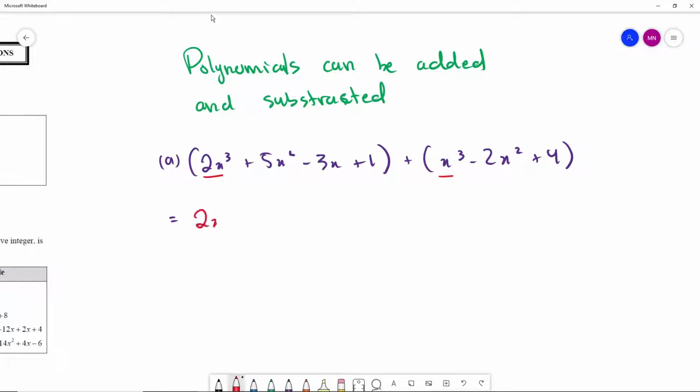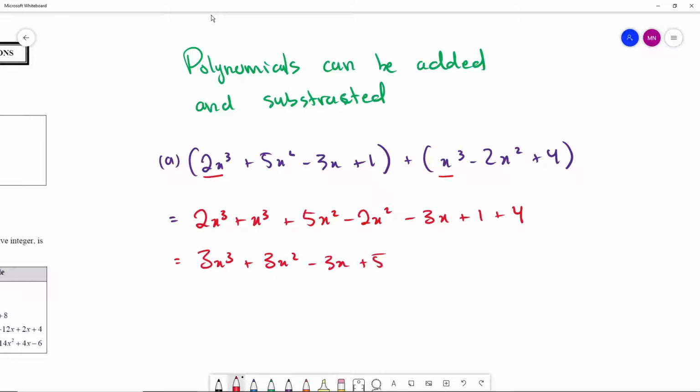So we have 2x cubed plus x cubed, followed by 5x squared minus 2x squared, then negative 3x with no pair, and then plus 1 plus 4. The same degree is added with the same degree, and the same degree is subtracted from the same degree. Then we have 3x cubed plus 3x squared minus 3x plus 5.